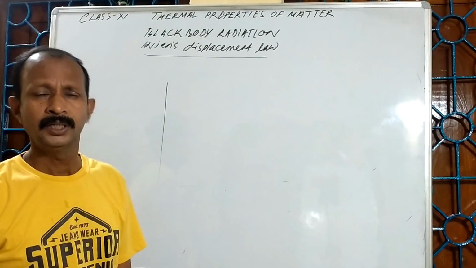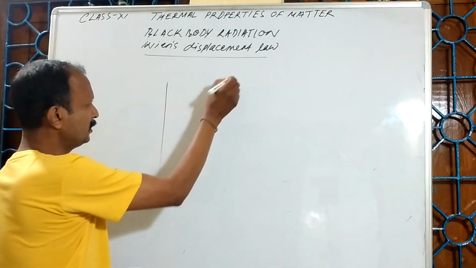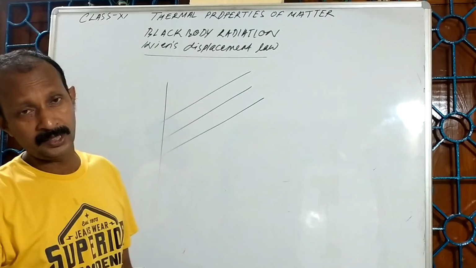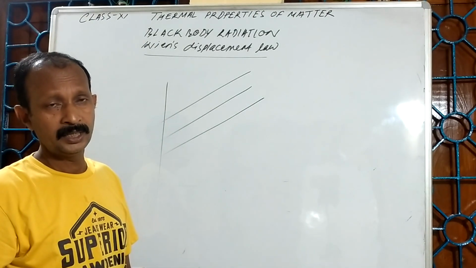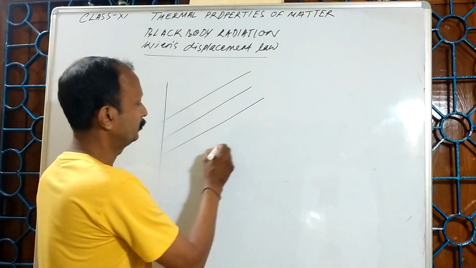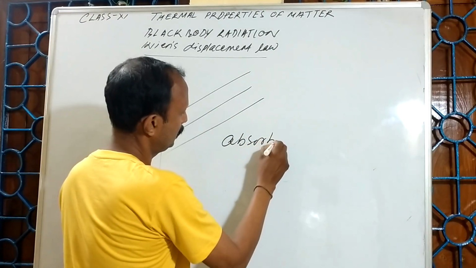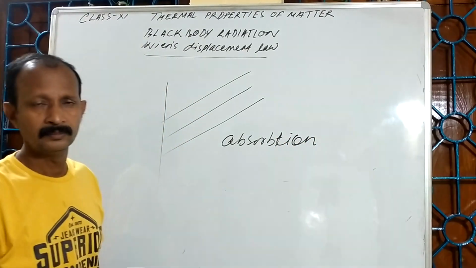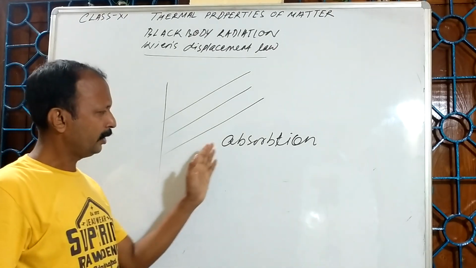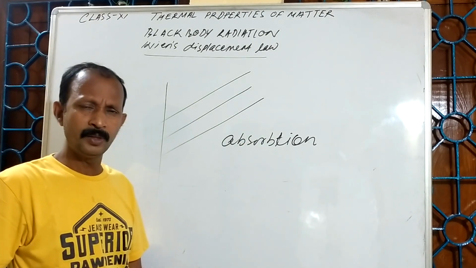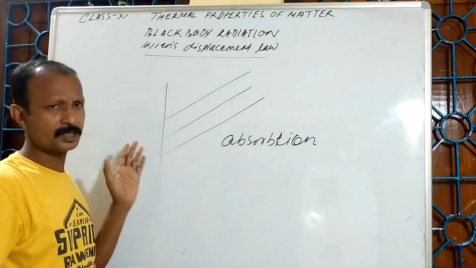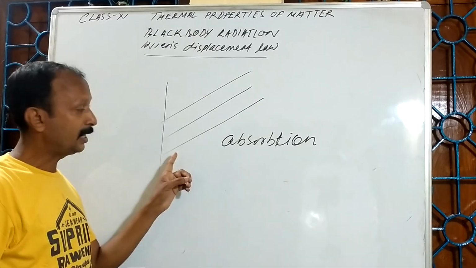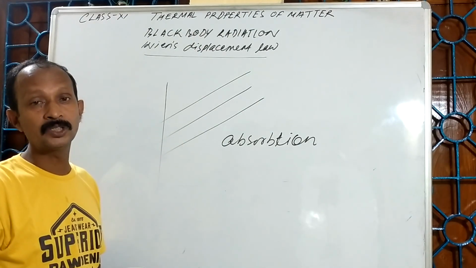Suppose you know that when radiations of different wavelengths are incident on a substance, there may be absorption. When the absorption takes place, if the temperature of the substance is less than the temperature of the surrounding, then the substance absorbs the heat energy.